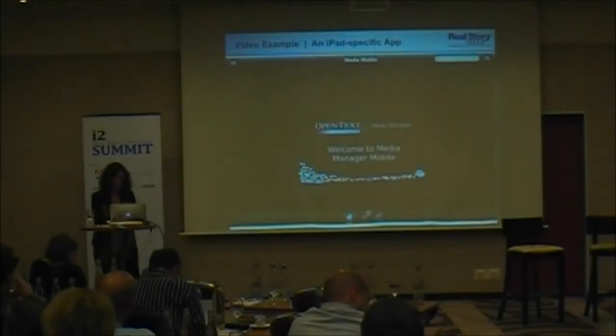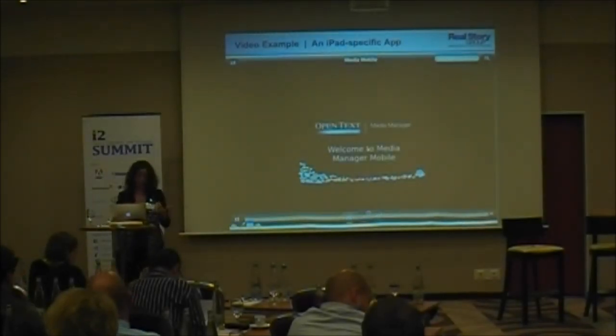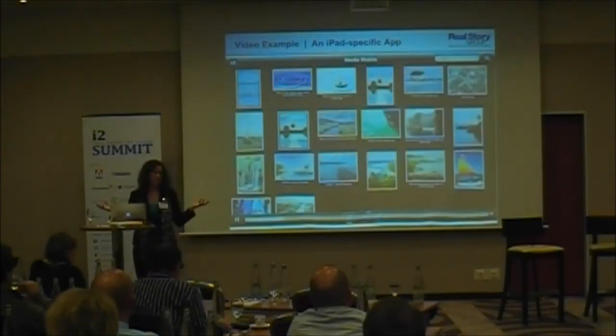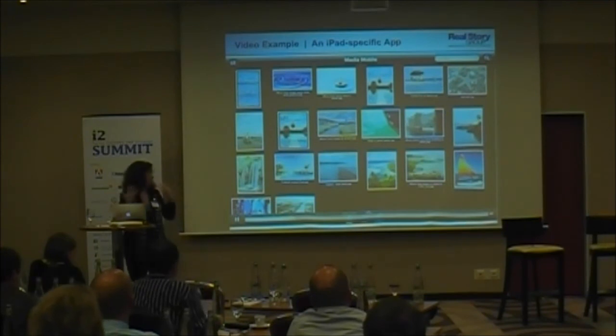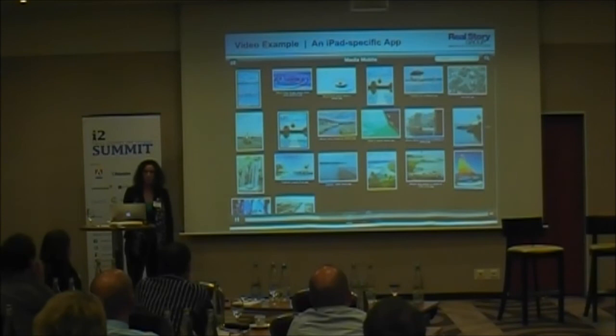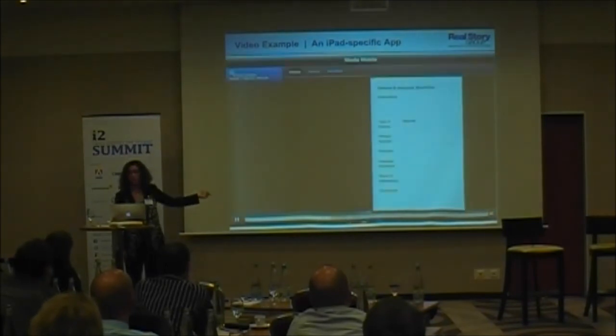Some other technology vendors, they choose to develop a native app. Now, OpenText, the last one was called Media Beacon. OpenText, they had all their content management apps, well, several of them with a Flash front end, so they obviously wouldn't work on the iPad. So they developed an app to manage images. And this is their image management app.